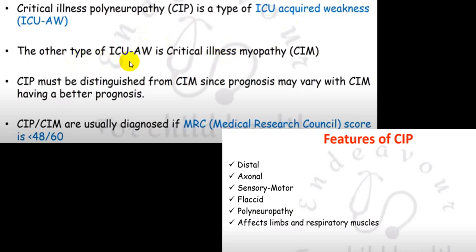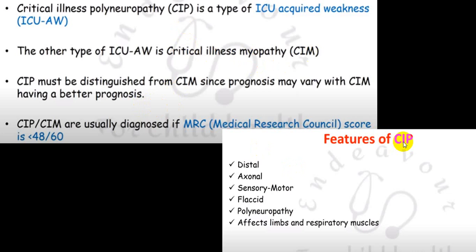Another variety of ICU acquired weakness is critical illness myopathy, which is more involvement of the muscle rather than the peripheral nerve. So you must keep this in mind.